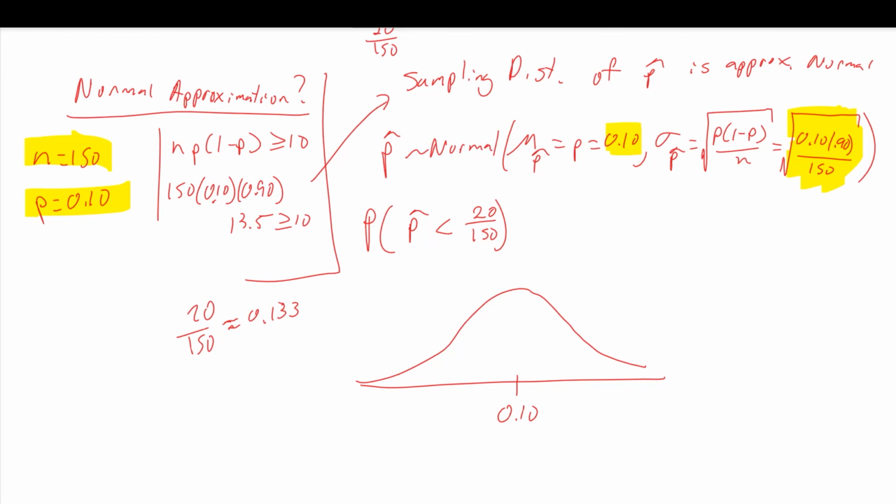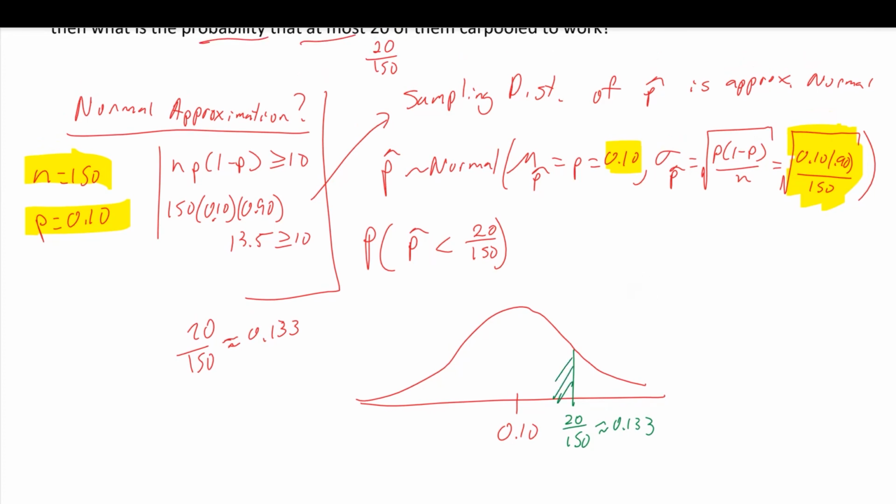Where's that going to be? That should be to the right of 10%. We are looking for the probability that it's less than this, so we are shading to the left. Just by the looks of it, I can already tell that this is going to be more than 50%, because it's more than half of that normal distribution.